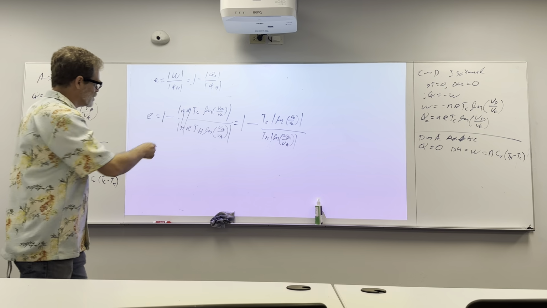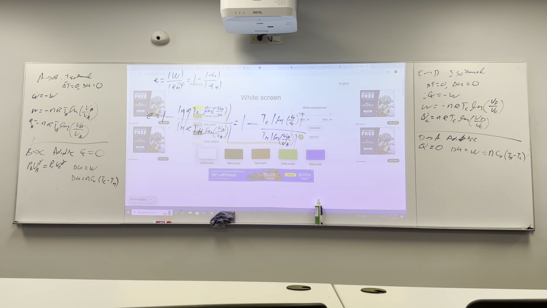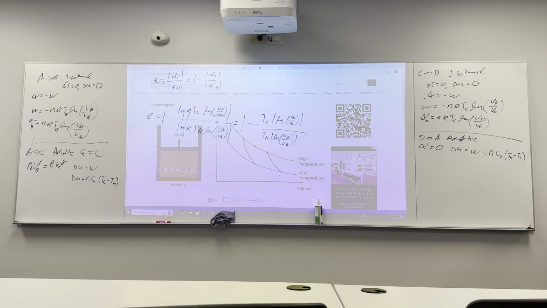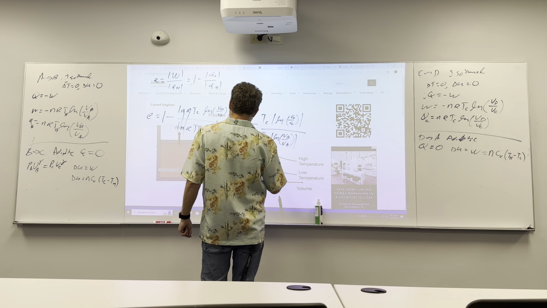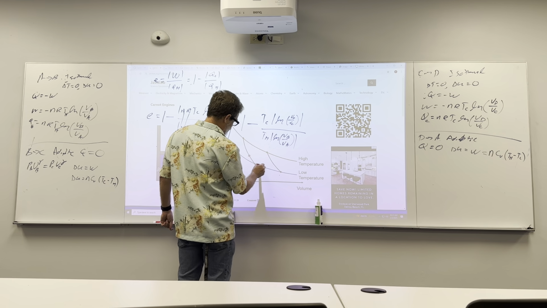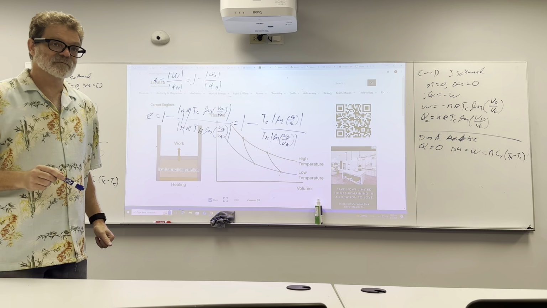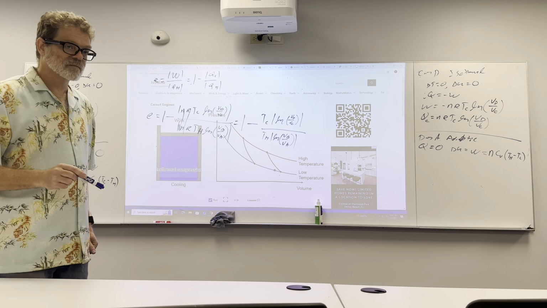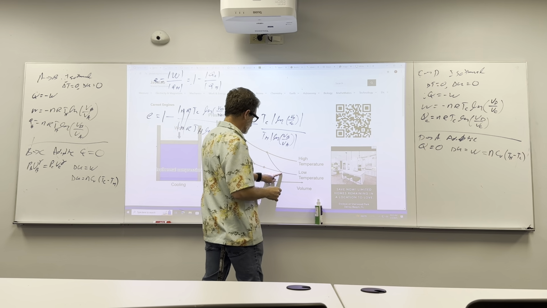If I go back to my picture of the Carnot cycle, this was A, B, and this is C and D. How are those connected? That's an isothermal. What does that tell me? It's like a 1 over V curve.